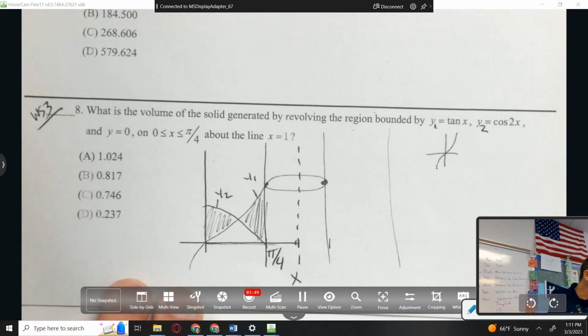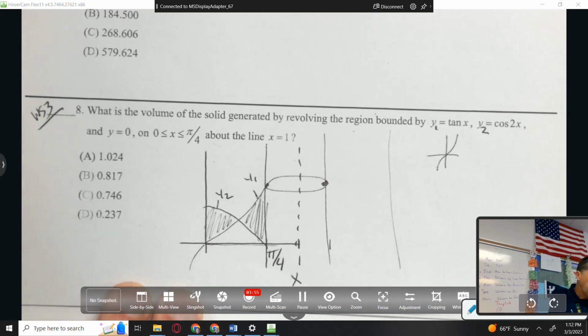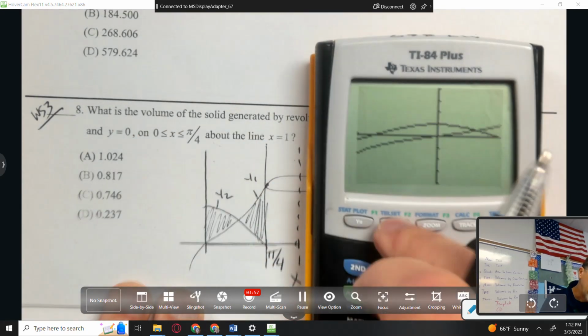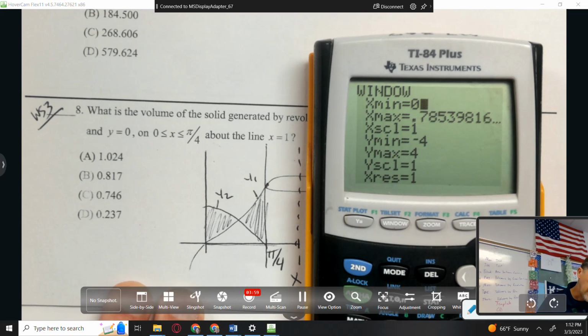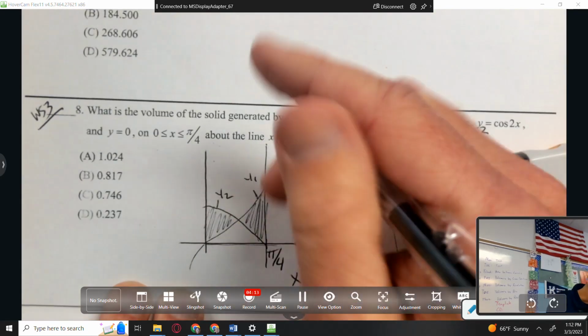Cosine of 2x, 0 to pi over 4, x equals 1. I'm going to zoom in a little more, get a better view of it.